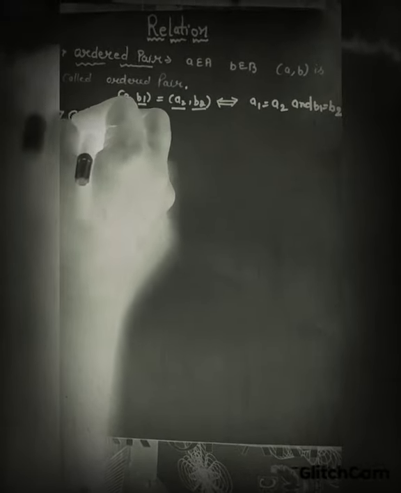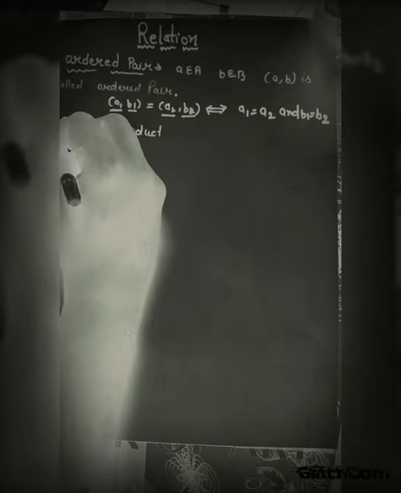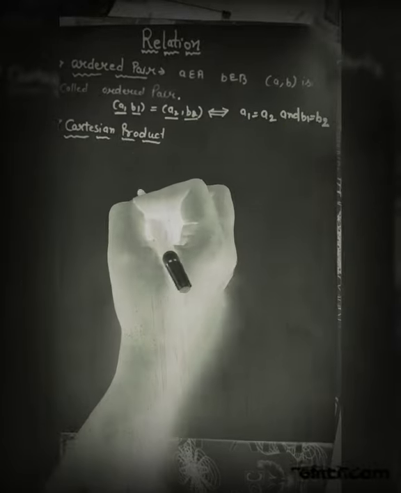Next, we come to the Cartesian product of two sets. What is the Cartesian product?